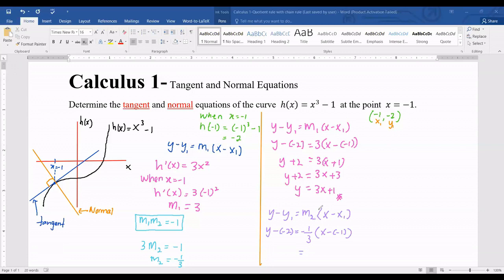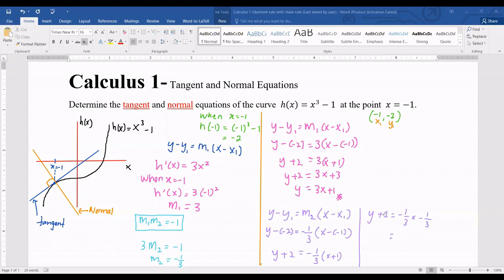Alright, we just simplify it now. So this is y plus 2 equals minus 1 over 3 in the bracket x plus 1. Now you just open the bracket. So y plus 2 equals minus 1 over 3 x minus 1 over 3.